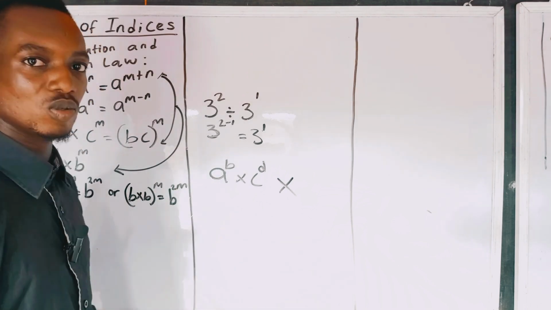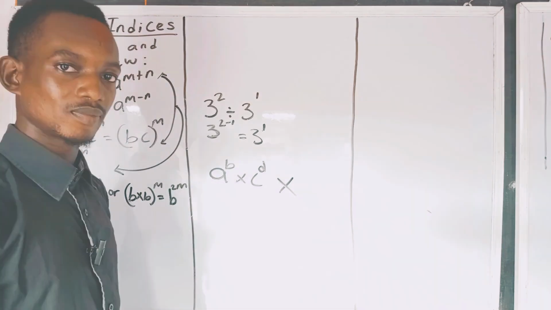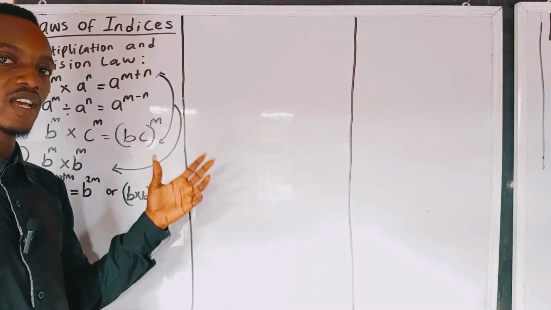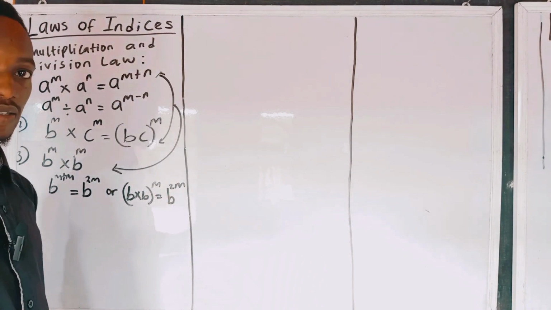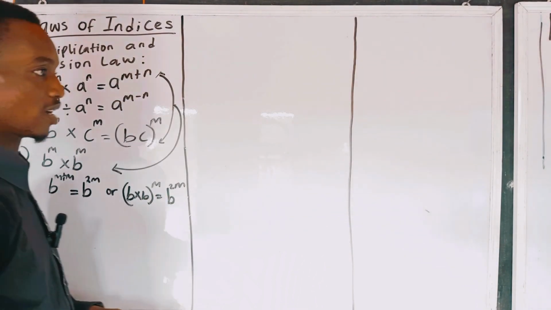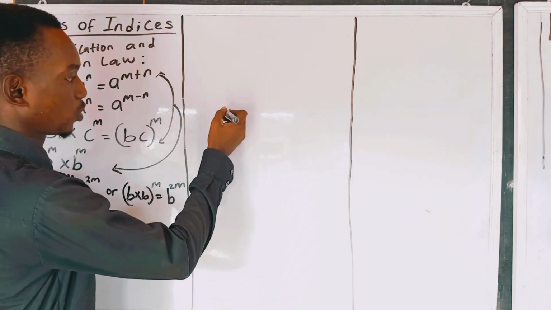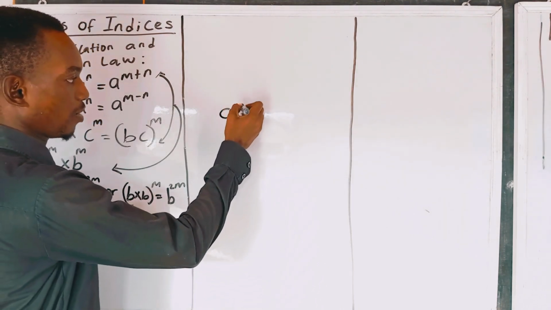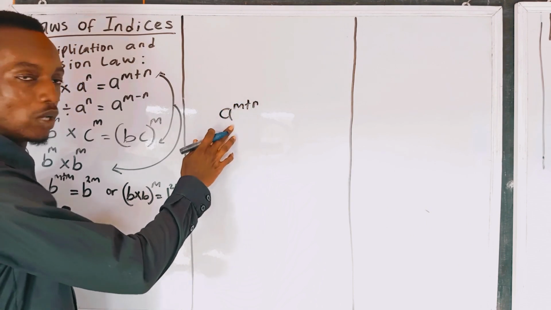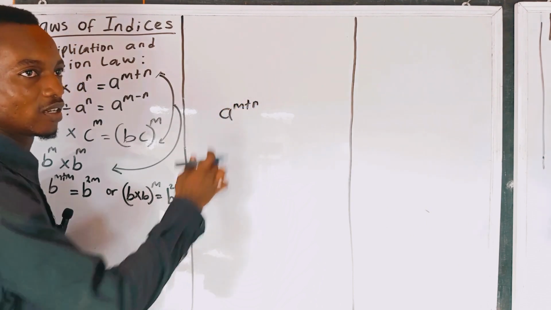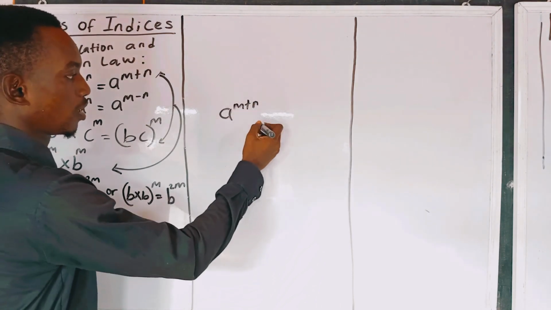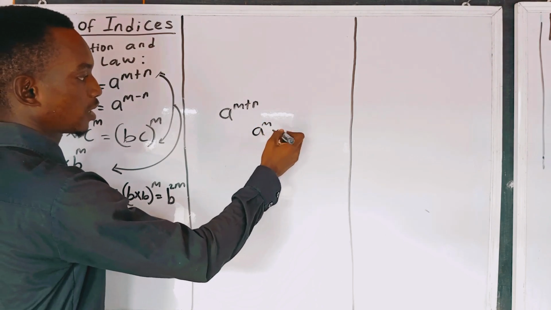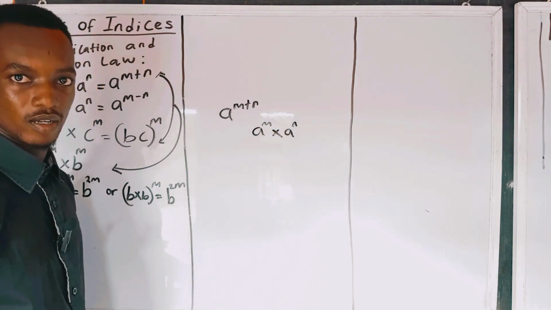As simple as that. So that's the first category of the law. Now let's go to the second category of the law. Before we move to the next law, let's bear in mind that the reverse is also the case. Let's assume we have a base with the index m plus n, a base that has an added index. We can also split this and reverse it to a to the power of m times a to the power of n.